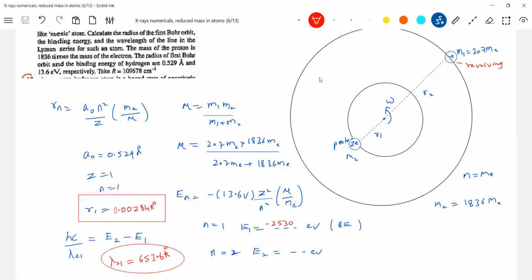Now you can ask a question: sir, what happens if the charge of the revolving particle is 3 times the charge of electron? Where do you make changes? That can also be asked, no? So I can bring some other charged particle. What is that μ-meson? It has the charge of an electron and mass 207 times.